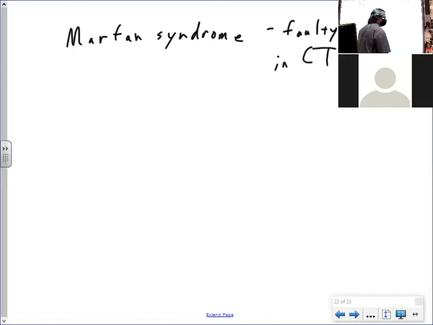So the connective tissue forms appropriately, but the connections between the tissues, the connections between the cells, are what becomes a problem. And so they think it's a genetic defect of fibrillin, which makes the microfibers. And these people, like I said, have a very distinct look.